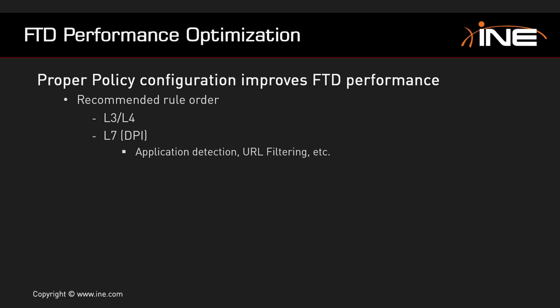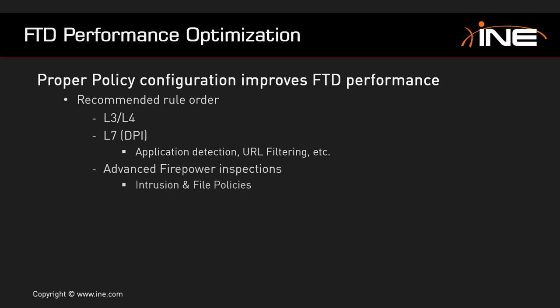If I know that I want to drop all TCP packets going over port 80, I don't really want to look at the payload of those packets, at the HTTP header and the payload of the HTTP header. I want to drop the packet based on the TCP port number. So it doesn't make any sense to involve application detection if you're eventually to drop the packet based on layer 3-4. This is why you put those basic rules on top of the policy.